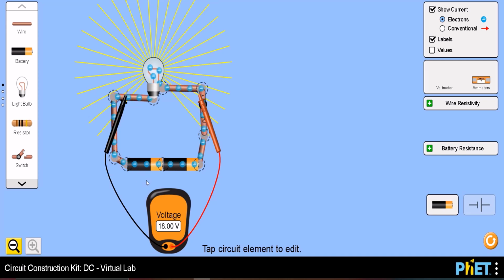When a single cell was joined with this bulb, the voltage I had shown you across the bulb was 9 volts. But if a battery of 18 volts is joined across this bulb, then the bulb also has a potential difference equal to 18 volts. And since the voltage is doubled, the brightness of the bulb is also doubled.